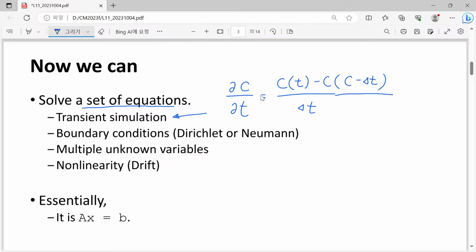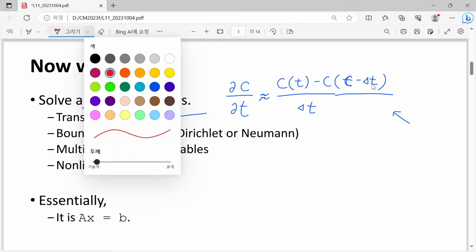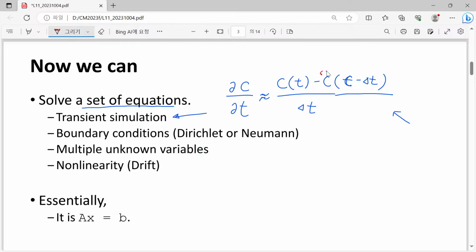Yes, this is of course an approximation. However, if we accept this kind of approximation, so-called backward Euler approximation, then we can treat the quantity at the previous time instance as a fixed quantity and treat this quantity as an unknown variable.